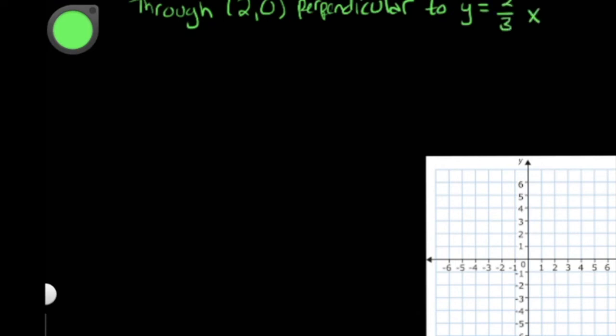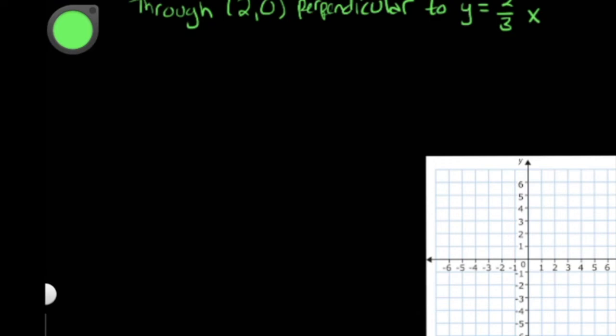So that means that first of all, let's graph this line that it's going to be perpendicular to. Because there is no y-intercept, that means our y-intercept is 0, right? Because it could be plus 0, but there's no reason to write that.